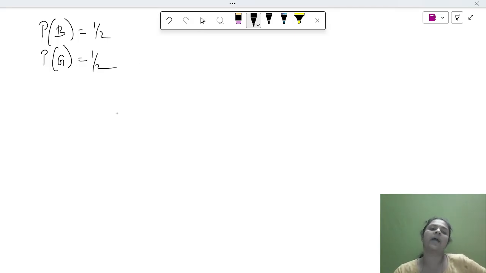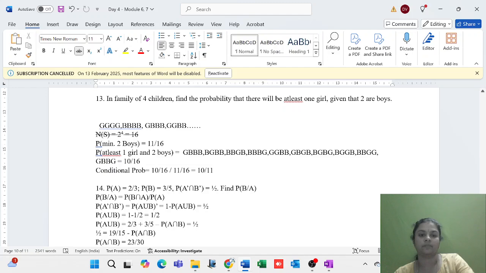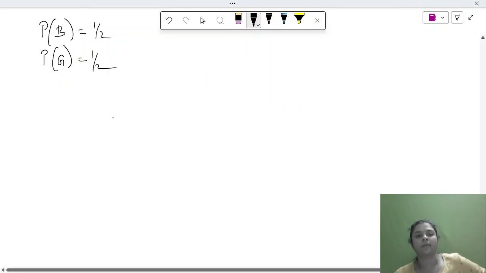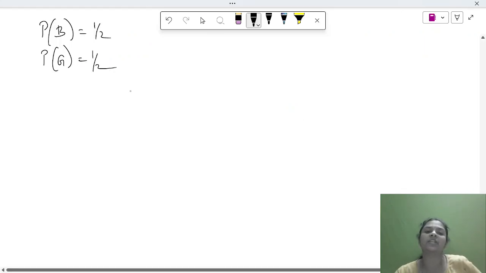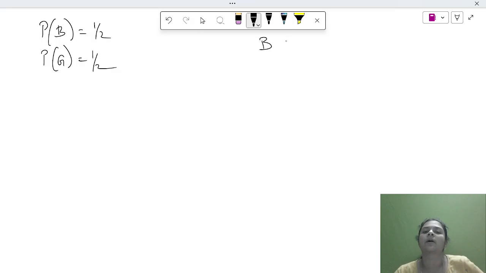Now, they have mentioned that at least 2 are boys. Find the probability that there will be at least one girl. So the total family has how many children? 4 children. So we will have combinations like this: boy, girl, boy, girl, boy, girl, girl, boy.